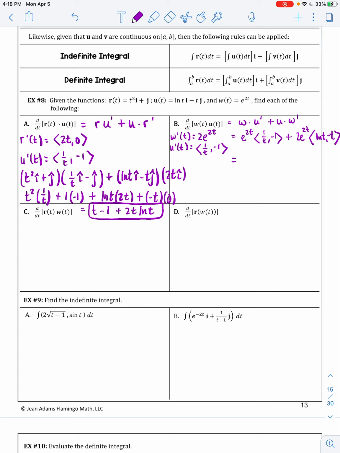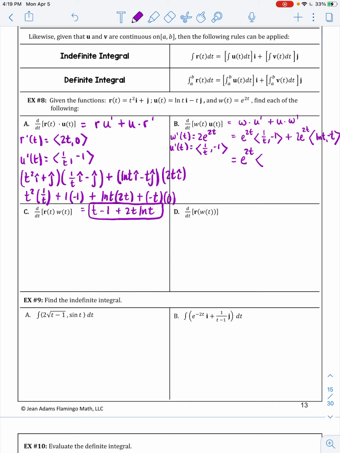And so from there, you can see that if you wanted to leave it in that vector form, these are both being multiplied by e to the 2t. And so you could keep that on the outside if you wanted to, and distribute the 2 on the inside of the second term, and add those together.